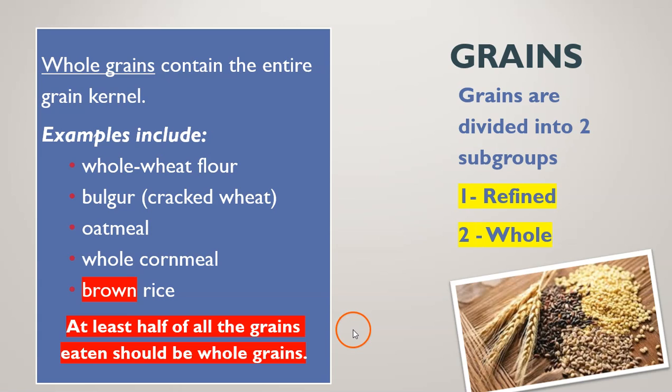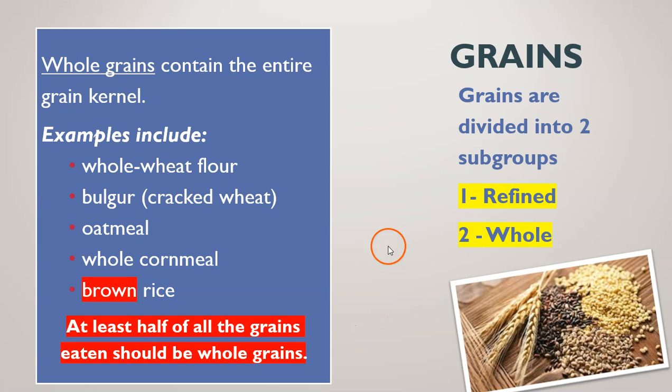We want the bulk of our grain intake to be whole. And whole grains contain the entire grain kernel, which means they're higher in fiber. Especially because we tend to have problems getting enough fiber, ensuring that we're consuming mostly whole grains, or at least half whole grains, is really important.